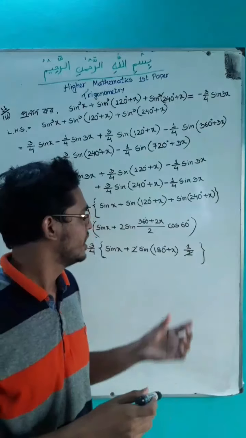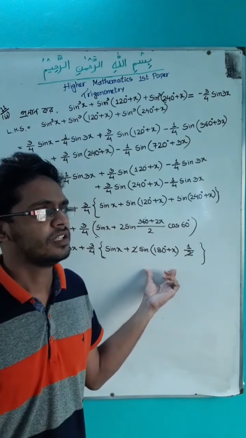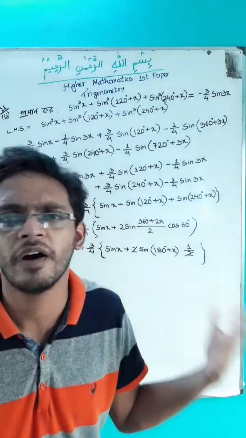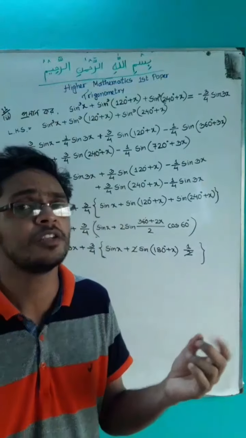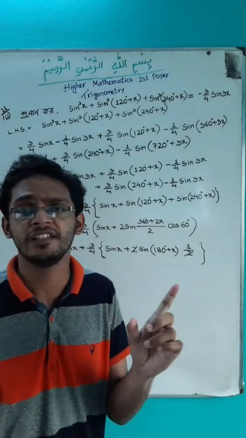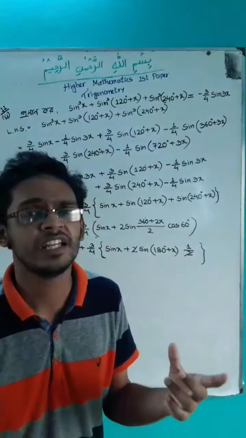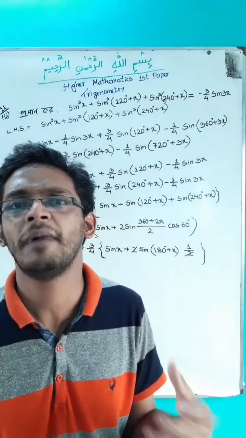That means it will lead us to the third quadrant. All sin tan cos: 180 degree plus x, and in the third quadrant all sin tan cos, tan is the positive and sin will be minus.